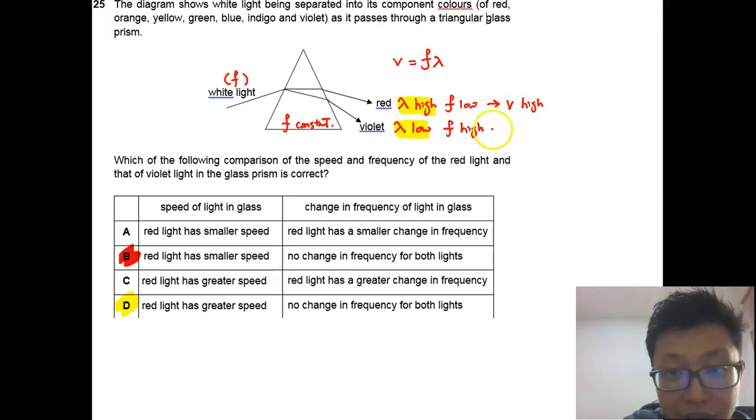Similarly, using the same logic, your violet light will have a smaller v inside the prism.